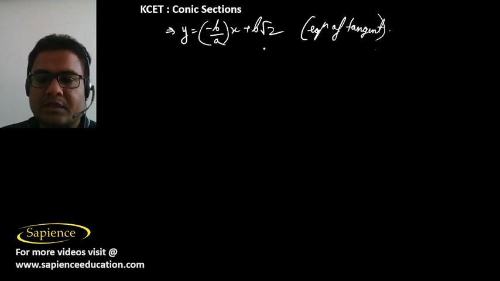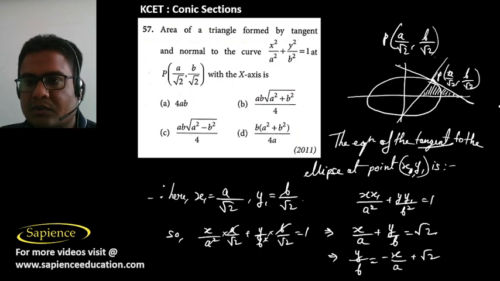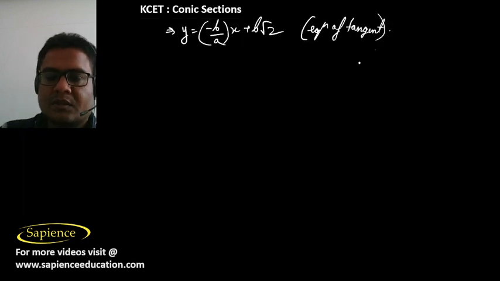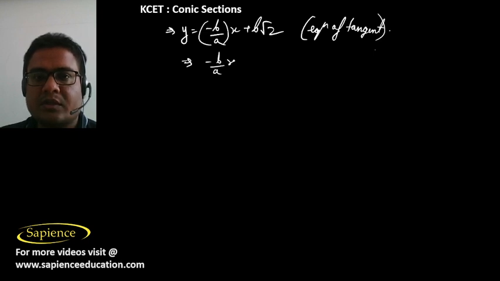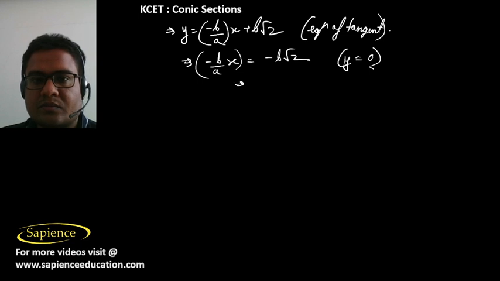So it will intersect the x-axis. We have to find at which point it will intersect the x-axis. At the point A, we have to find the coordinates of the point A. So it means we have to put y as 0, then we will get minus b by a into x equal to minus b root 2. If y equal to 0 we put, so this 2 will cancel, so x will be equal to a by b into b root 2.